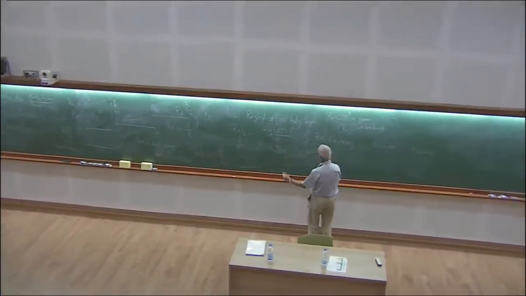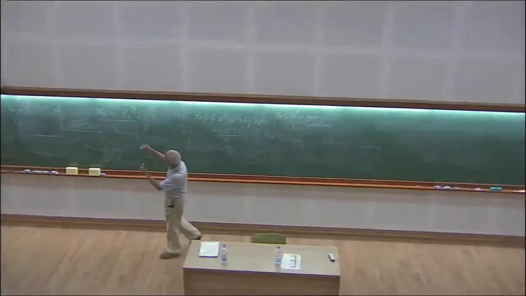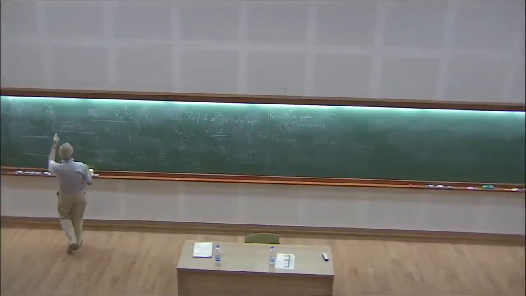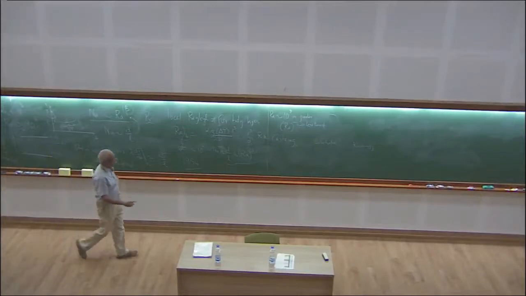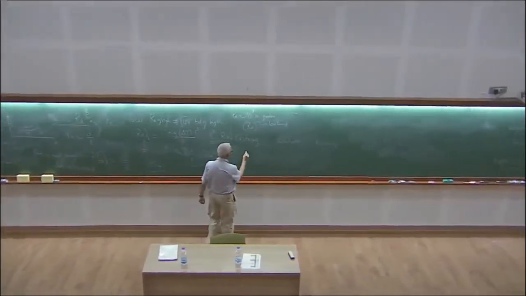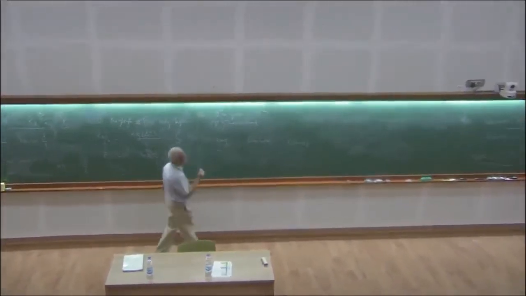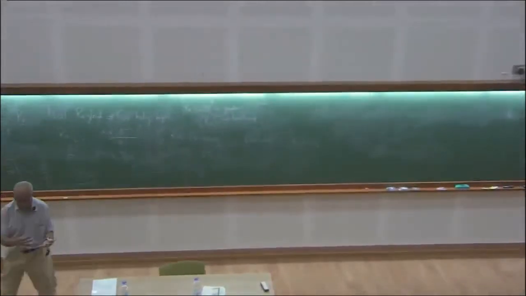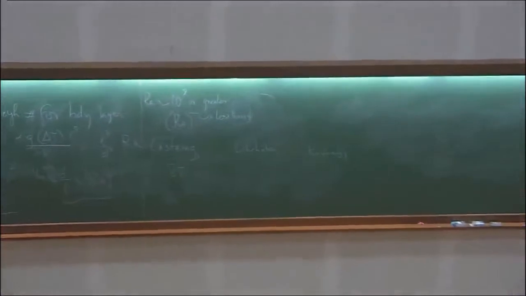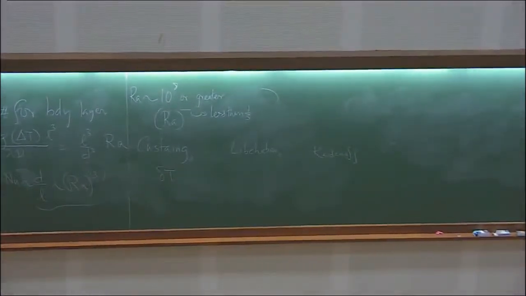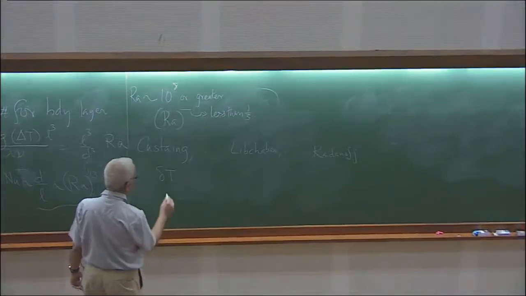The fluctuation delta T around the flat central value was something which, the observation was, became smaller as the Rayleigh number increased. So the delta T became smaller with increasing Rayleigh number.